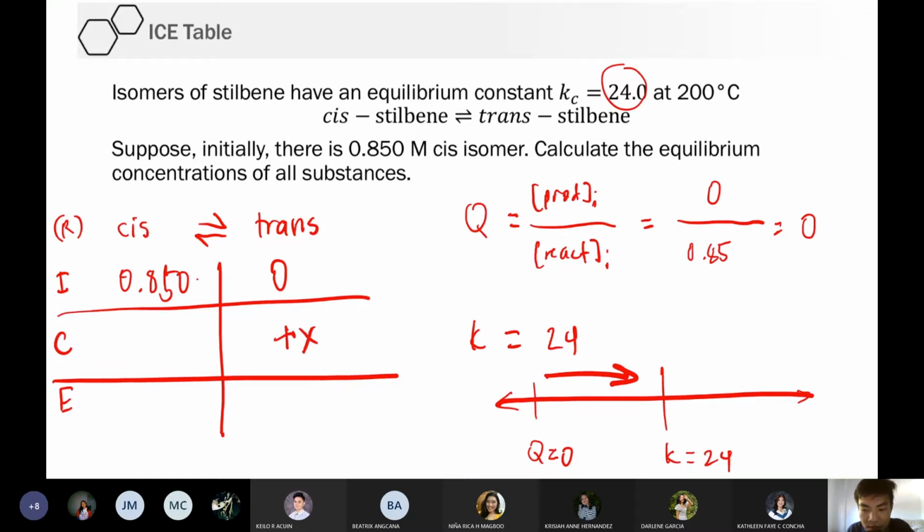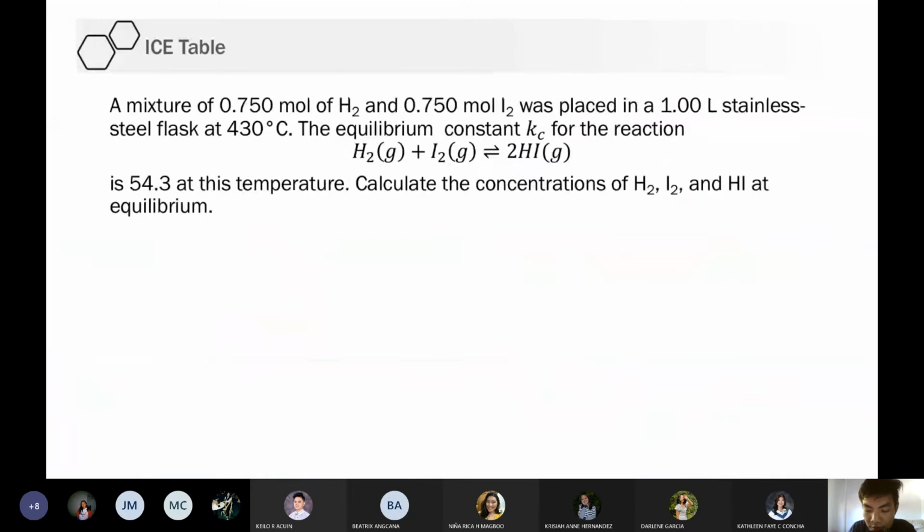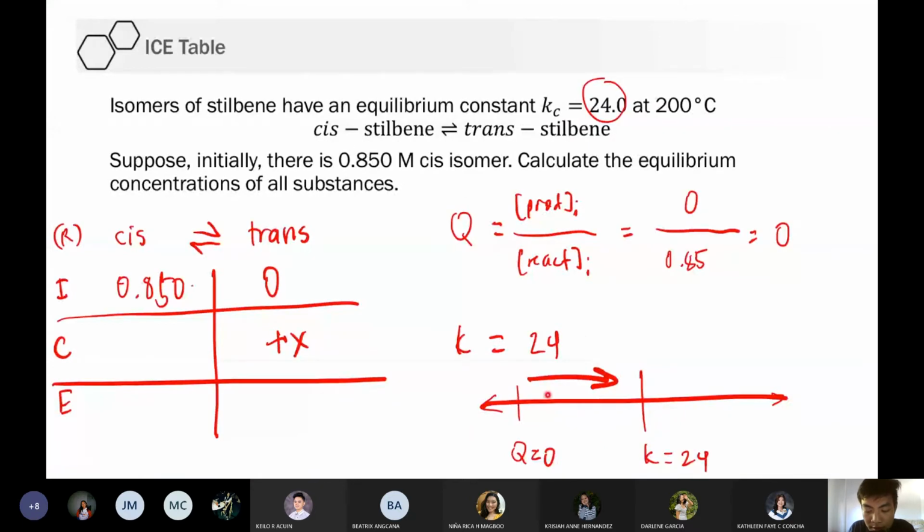Why positive x? This part of our solution tells us that the reaction is going to the product side. That means the change for the product side must be positive because over time its concentration will increase.